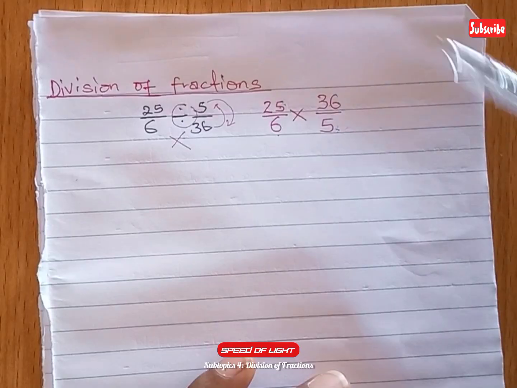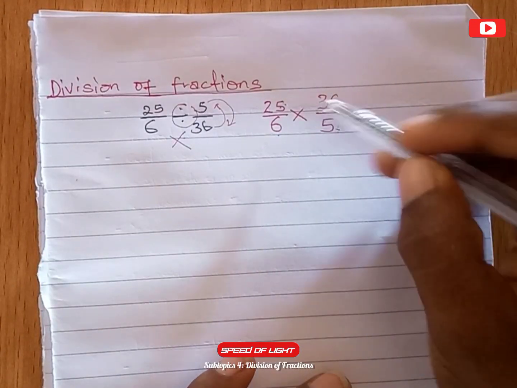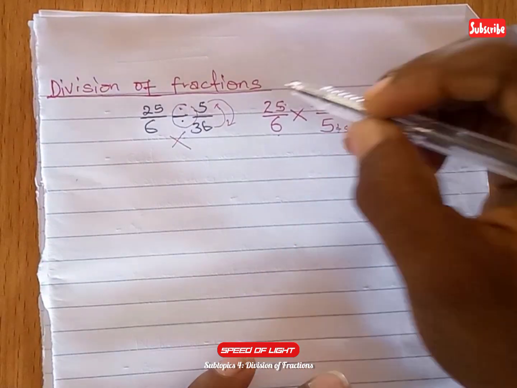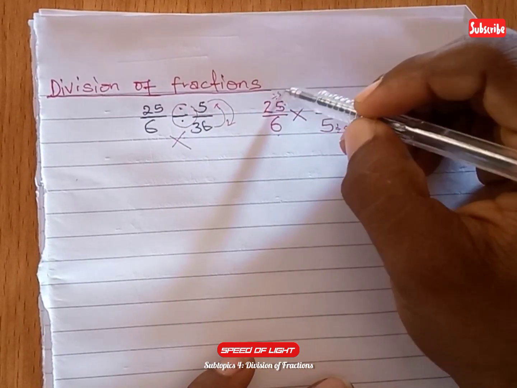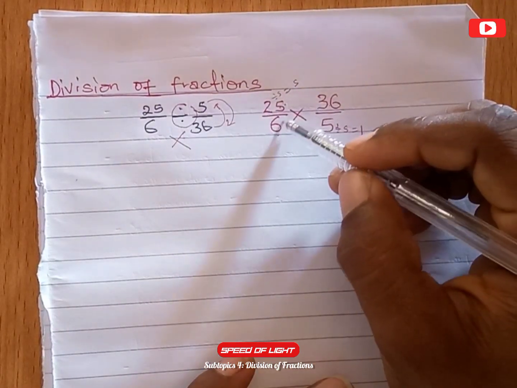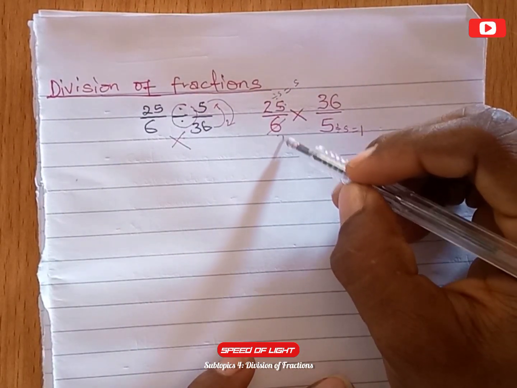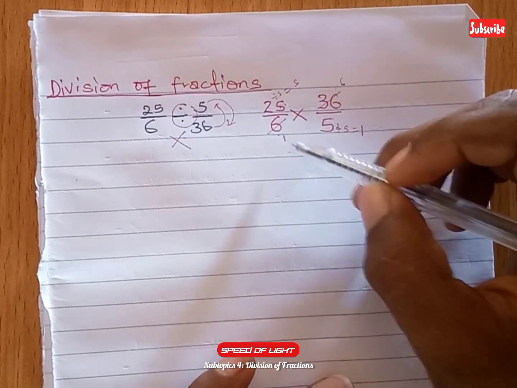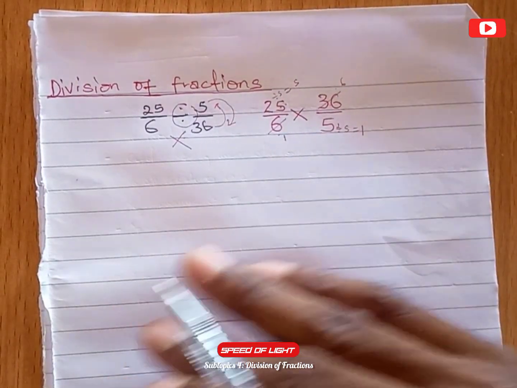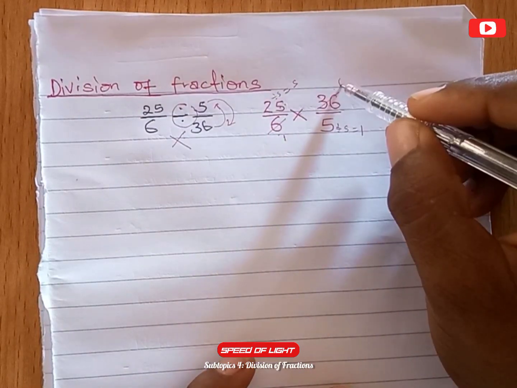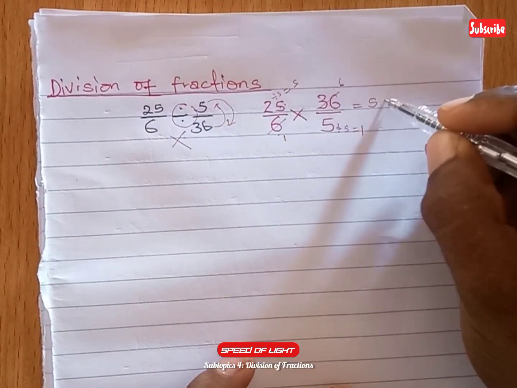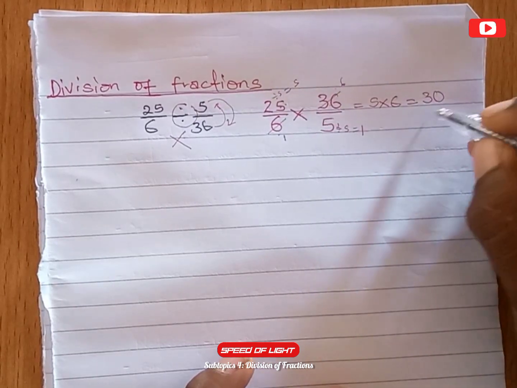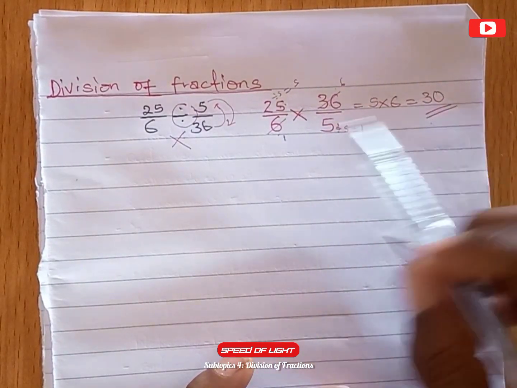So now let's break down. 5 divided by 5 gives us 1. 25 divided by 5 gives us 5. 6 divided by 6 gives us 1. 36 divided by 6 gives us 6. We'll now have 1 times 1 gives us 1. That's totally gone. Then we have 5 times 6, which gives us 30. That's our final answer to this question.